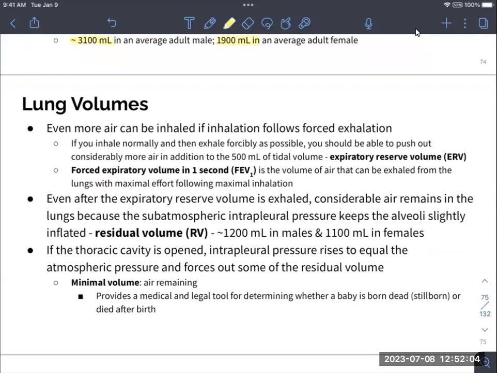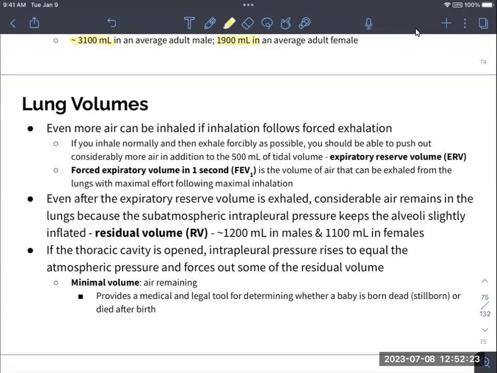If you do a forced exhalation before you inhale, and then take a deep breath in, you can take in even more air. That's where we get that 1,900 in females, 3,100 in men.